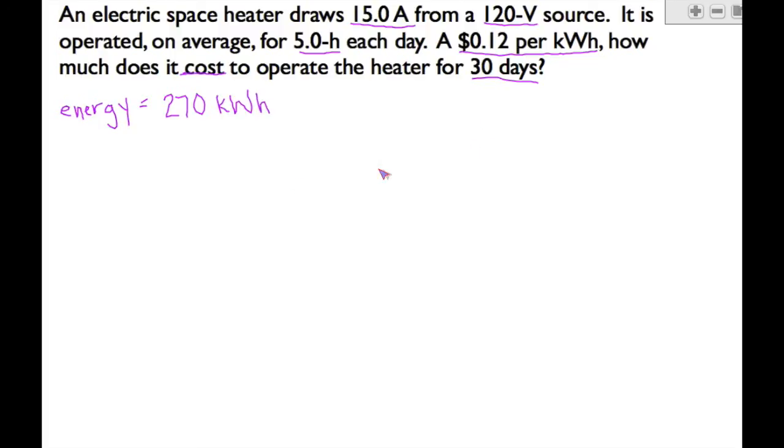And now they tell you the cost is 12 cents per kilowatt hour. So in order to figure out how much this is going to cost, we need to take our number of kilowatt hours, and multiply it by the cost per kilowatt hour.